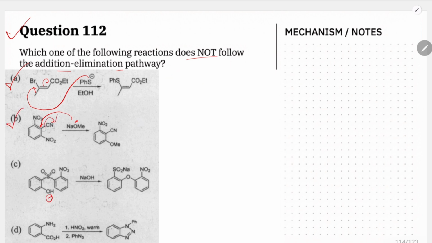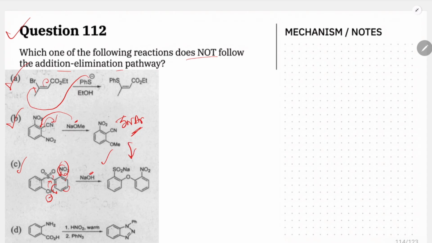This is the SNAr mechanism. Similarly, this is also SNAr. In presence of NaOH, this will take up the proton, and it will attack the ortho position, and that electron will delocalize to the ring system and towards the NO2. When this NO2 pushes back the electron density, this SO2 will release. So finally we get this. This is an intramolecular SNAr reaction.